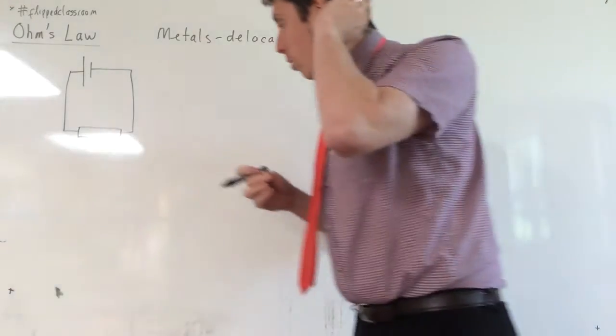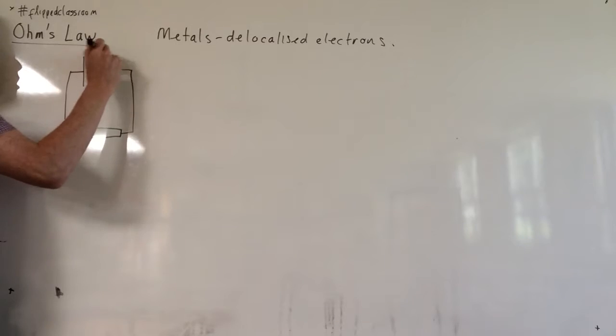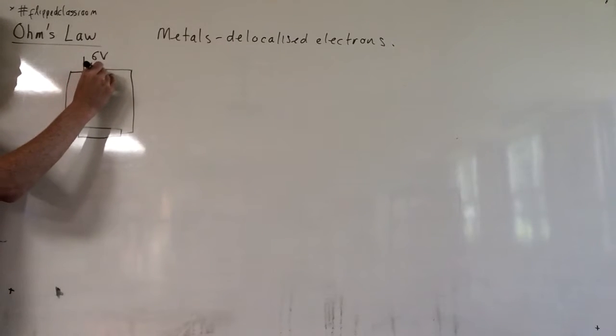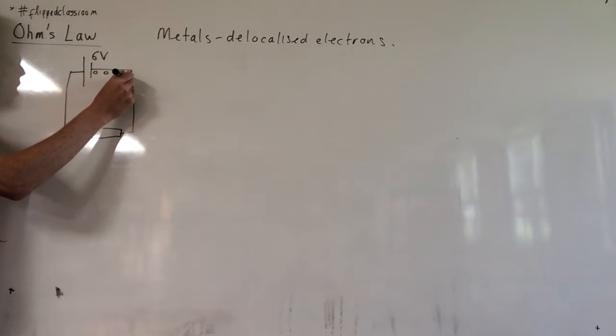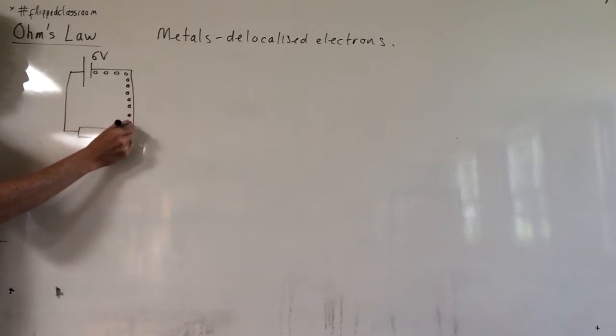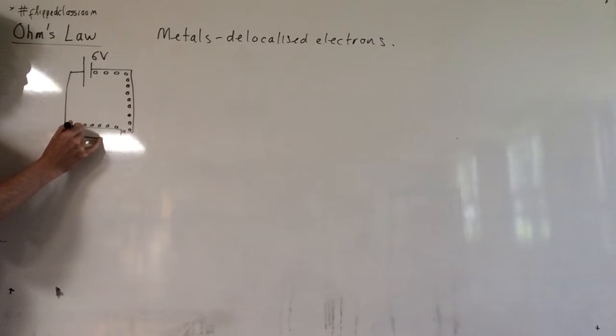So, for example, if this is 6 volts, and we have got our electrons in the wire, remembering that the wire already has the electrons in place, we've got the electrons flowing through our resistor.